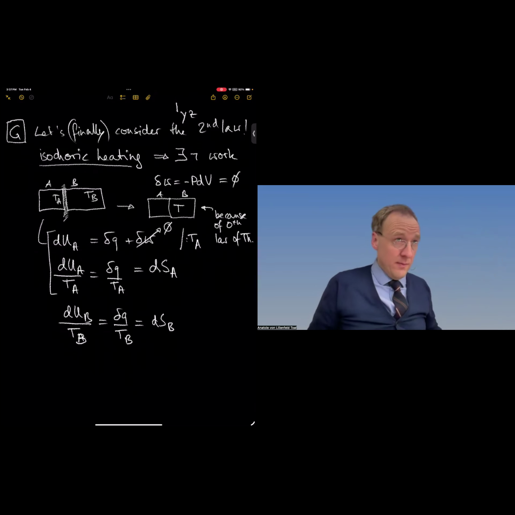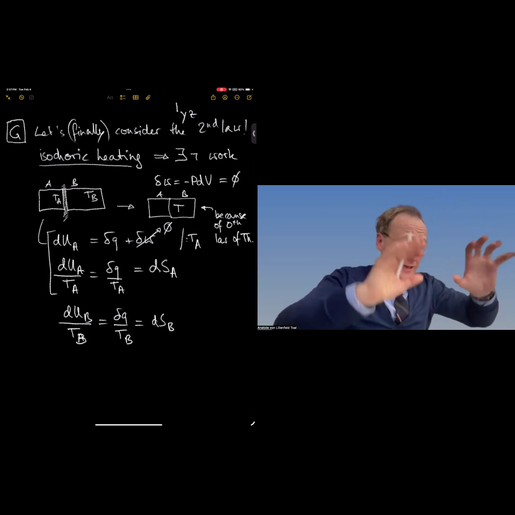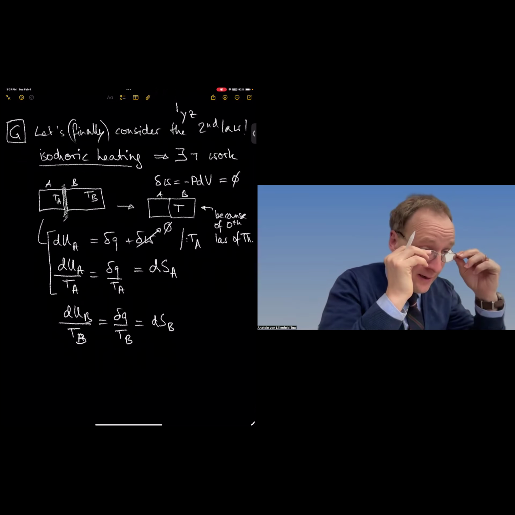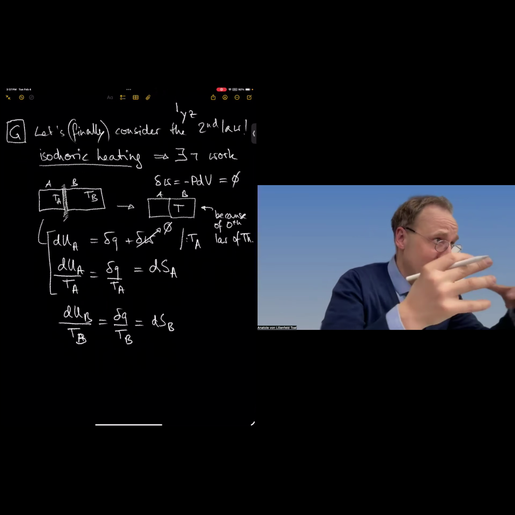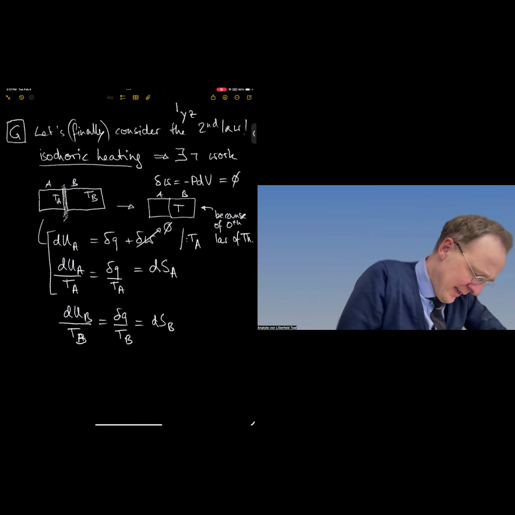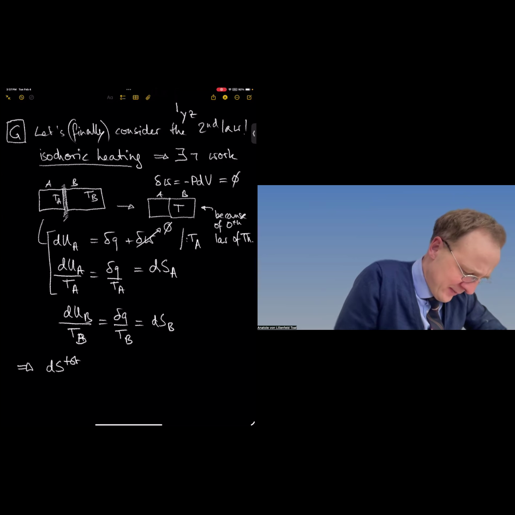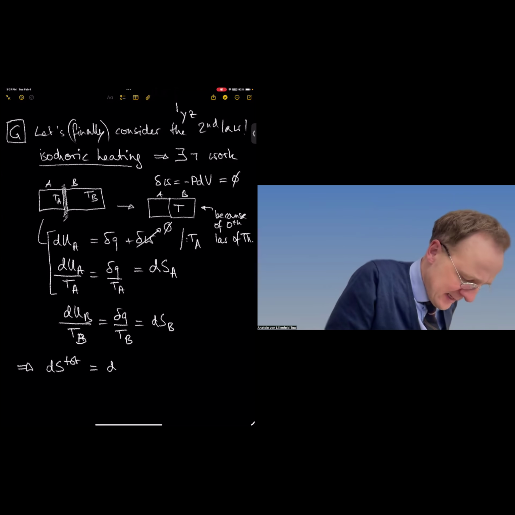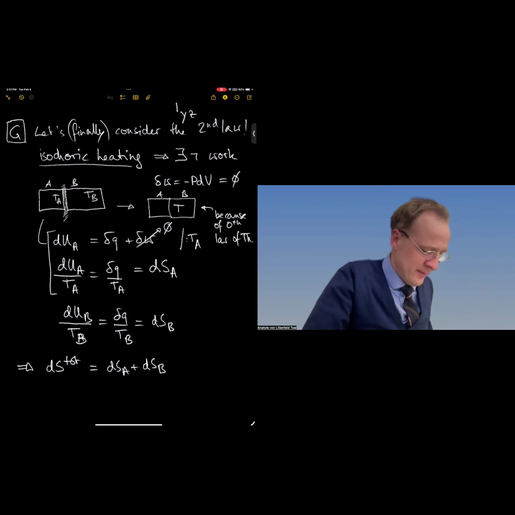Now, I have these two containers. In the introduction of the entropy, we already have made use of the fact that it should be extensive. So I can, for the entire process, write dS total equals dSA plus dSB.